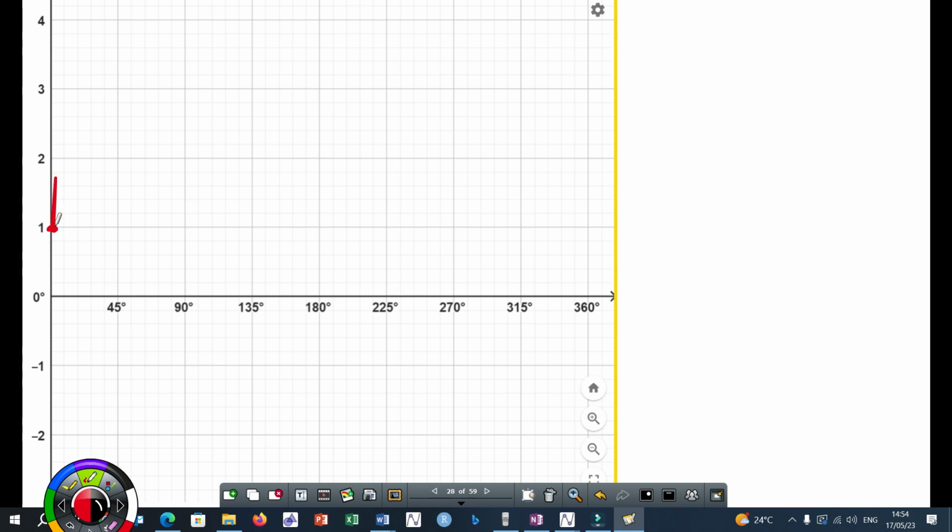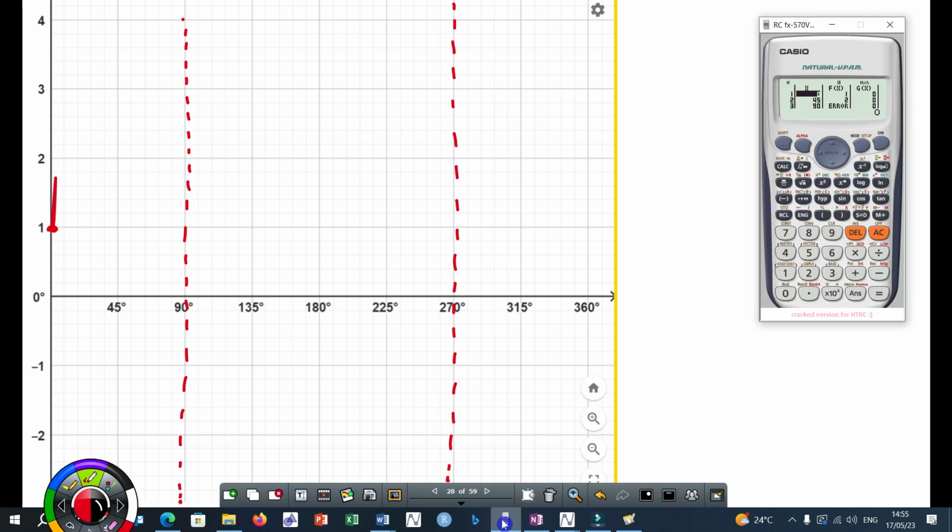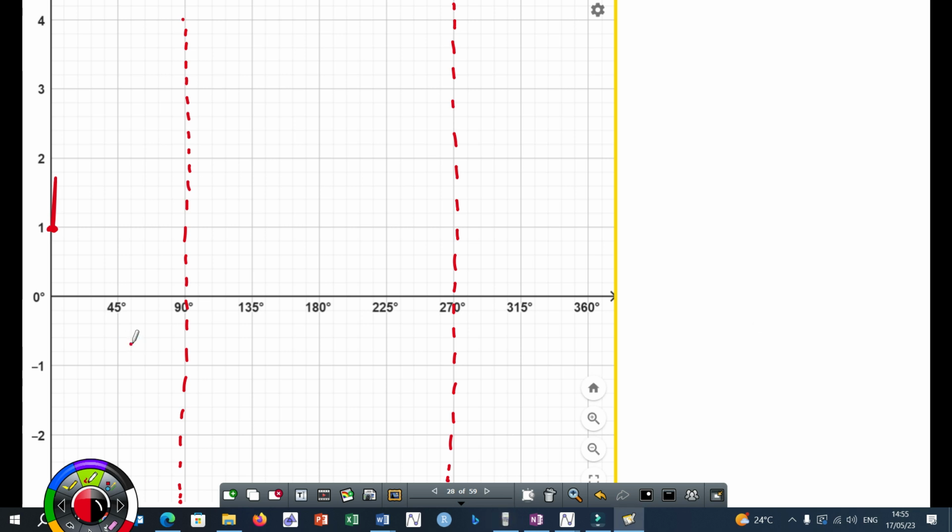But before I do that, I'm supposed to draw my two asymptotes. One at 90, before I go anywhere, then another one at 270. So, x is 0, y is 1. When x is 45, y is 2. So 2 is here.